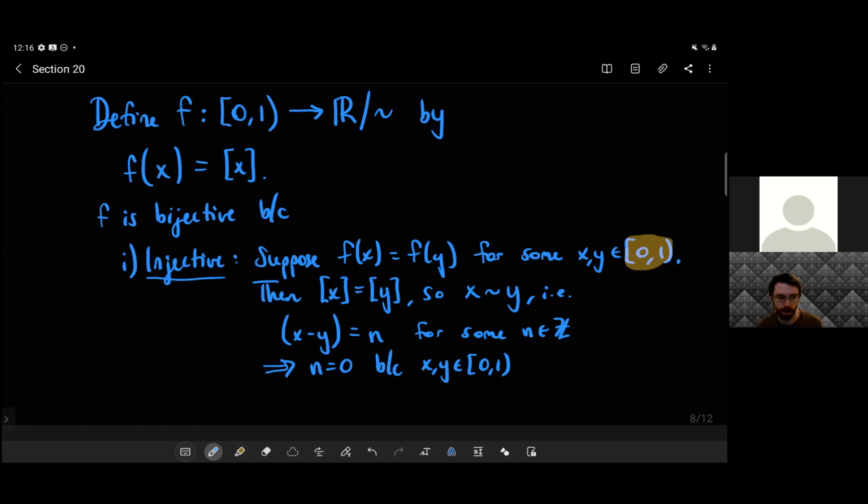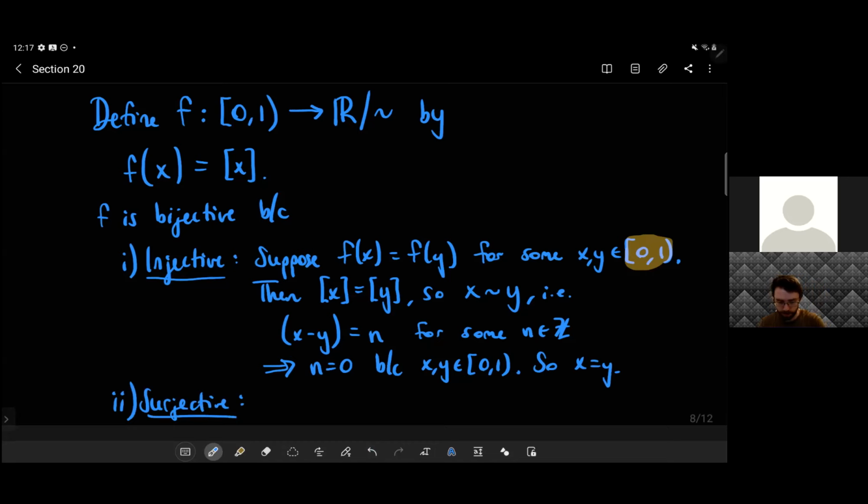Right? If X minus Y were 1, that would kind of contradict this. I'll let you guys think about that more. Play around with some numbers, you'll see why it's true. So if X minus Y is 0, that means X equals Y. Surjective holds as well.